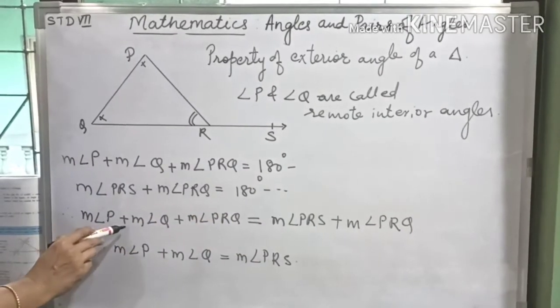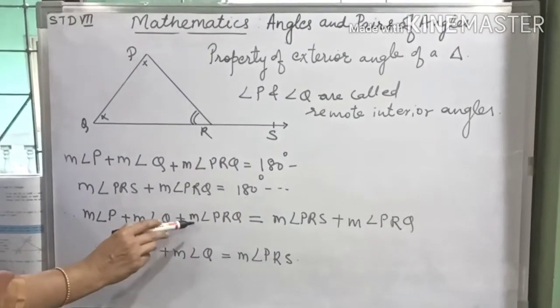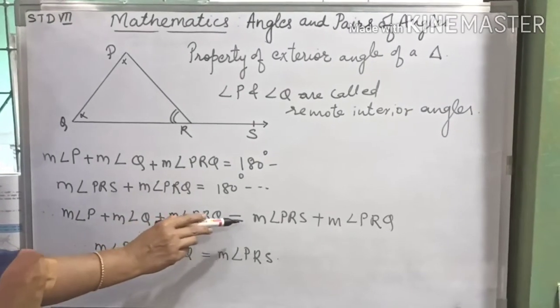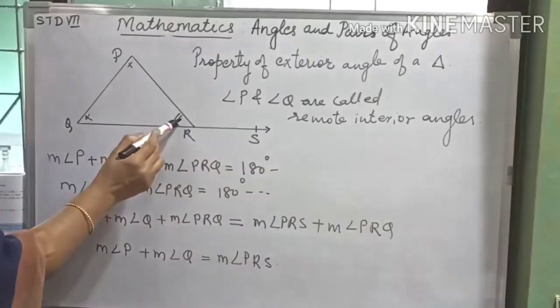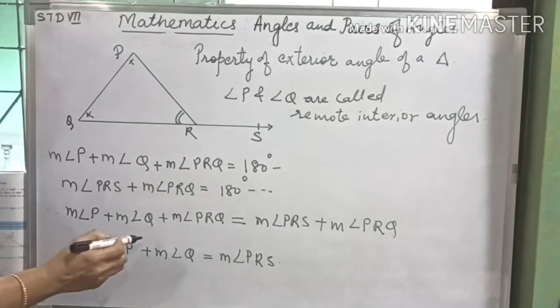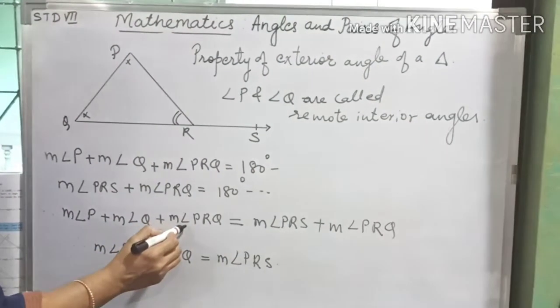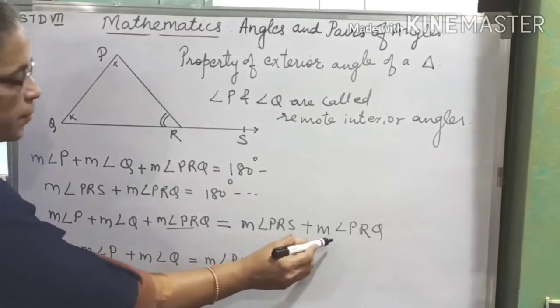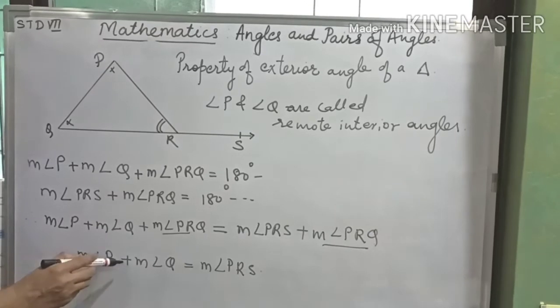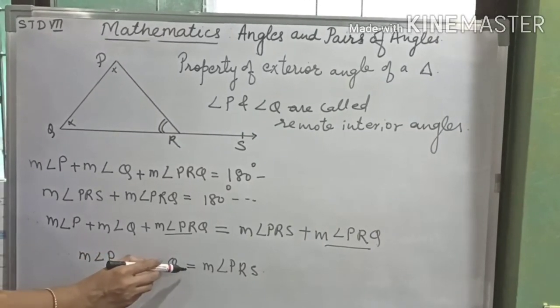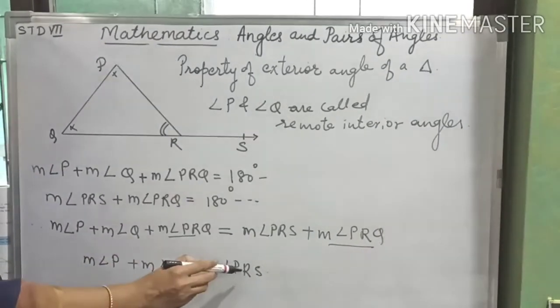Measure angle P plus measure angle Q plus measure angle PRQ is equal to measure angle PRS plus measure angle PRQ. Now this measure angle PRQ, you have to subtract from both the sides. So we have measure angle P plus measure angle Q is equal to measure angle PRS.